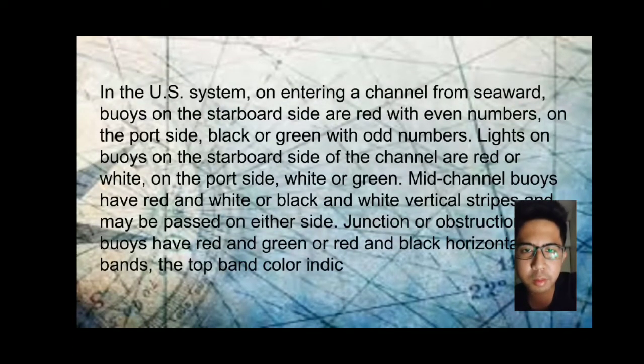In the US system, on entering a channel from seaward, buoys on the starboard side are red with even numbers. On the port side, they are black or green with odd numbers. Lights on buoys on the starboard side of the channel are red or white, and on the port side are white or green.